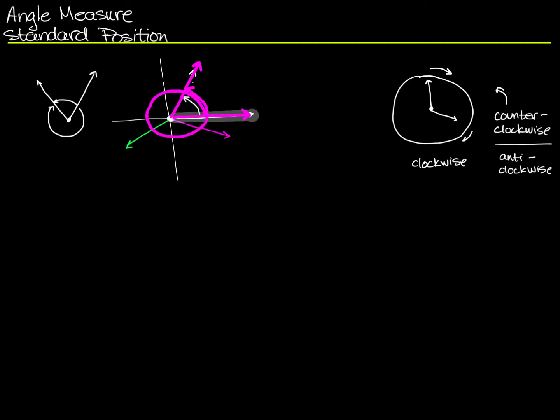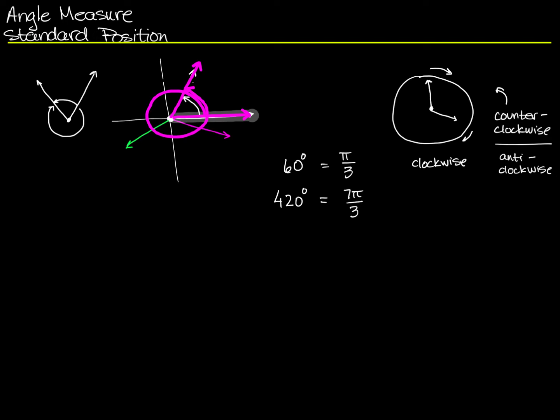That's 420. So I have a 60-degree angle, which is pi over 3, and a 420-degree angle, which is 7 pi over 3. Don't worry, you'll see how I get there in a second.